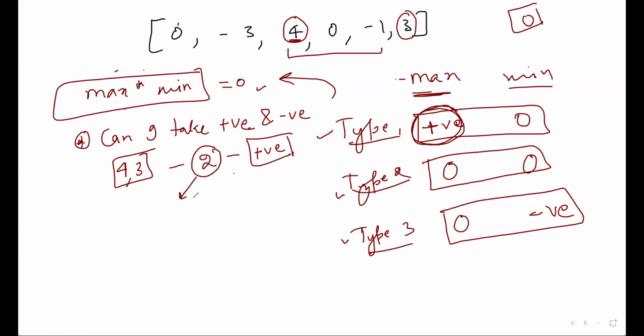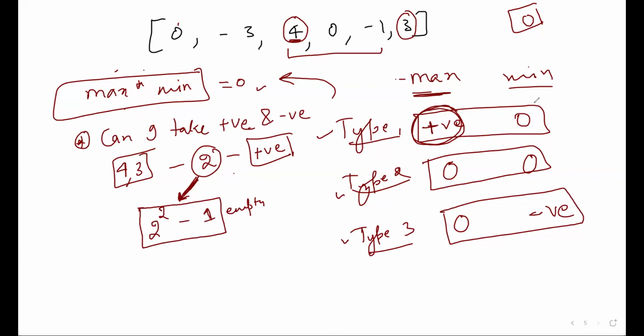If I want to form subsequences from them, how many are possible? 2 to the power 2, and out of that, one is empty. I don't want an empty subsequence because type 1 means there should be at least one positive value in your subsequence. So the total number of non-empty subsequences containing positive numbers is this much.